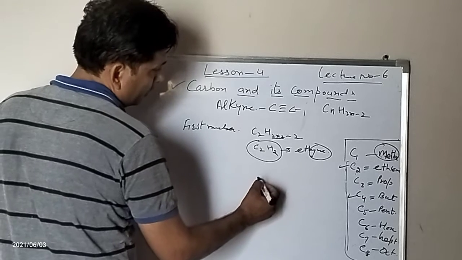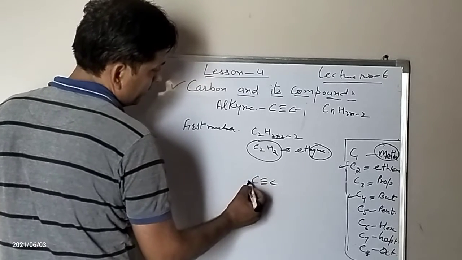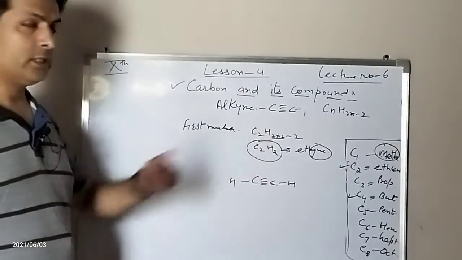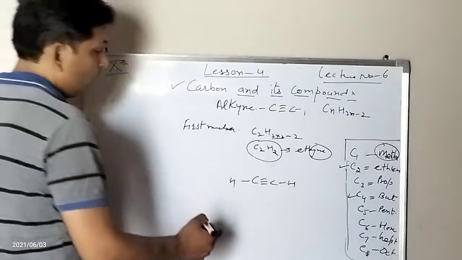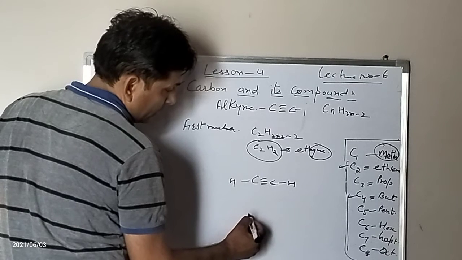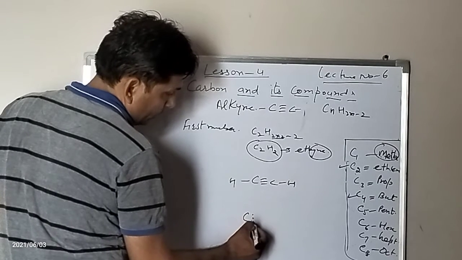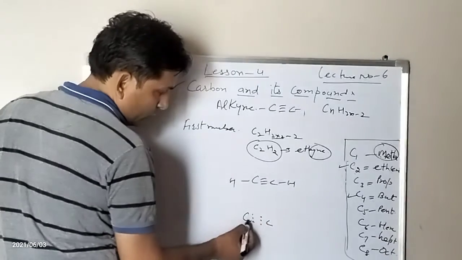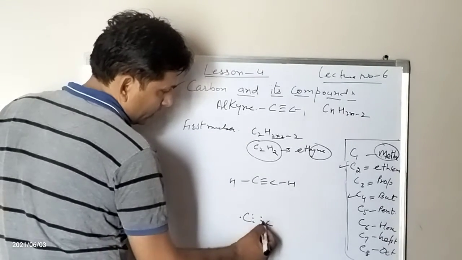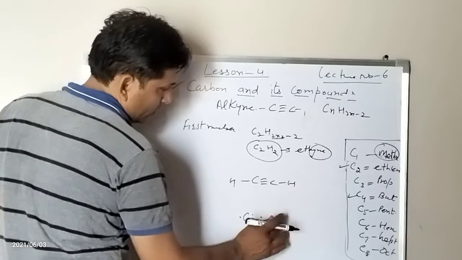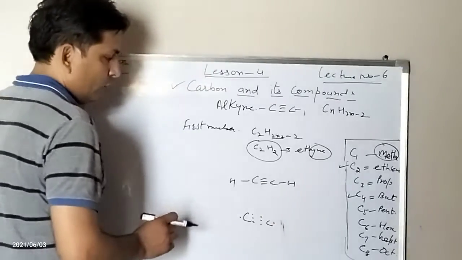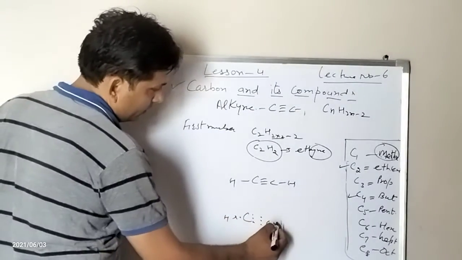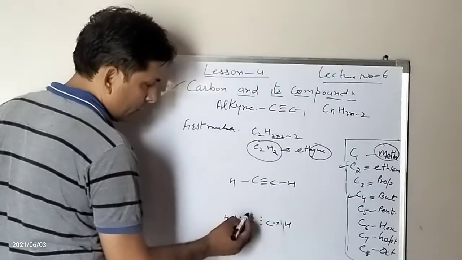If we write the structural formula, then you will get this. This is the structural formula of ethyne. If you want to write the electron dot structure, then you have to represent 3 electrons over here. 3 electrons belong to this carbon and 1 here, 3 to this carbon and 1 here. Now this electron is shared with 1 hydrogen, and this is also shared with 1 hydrogen.